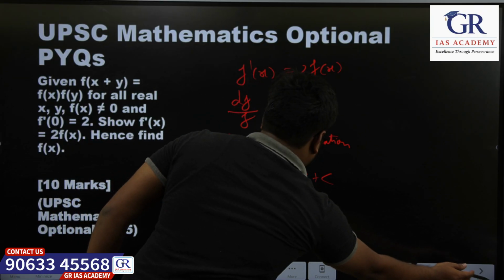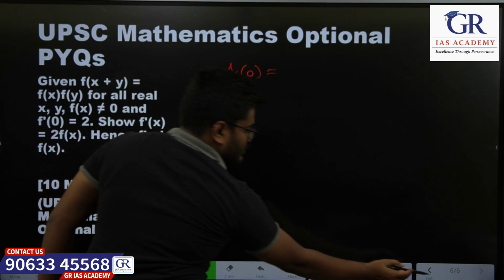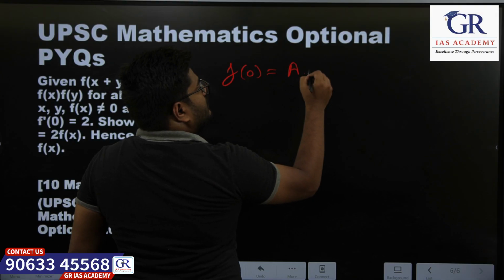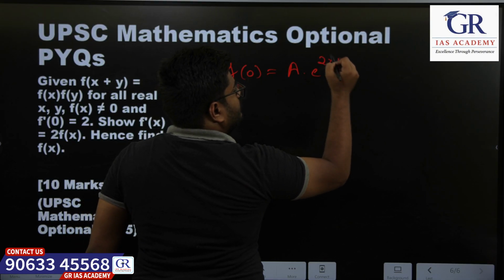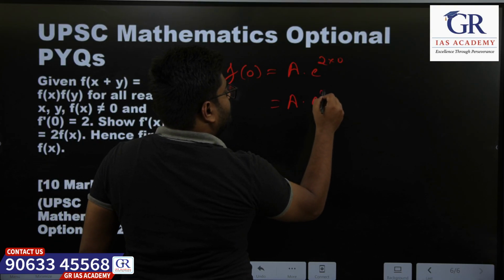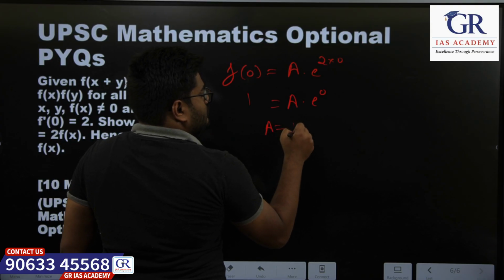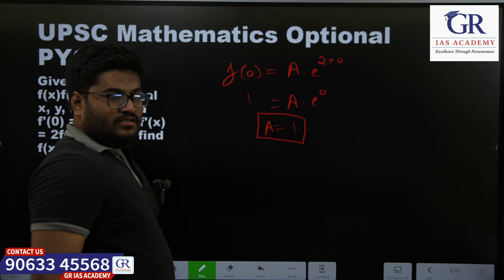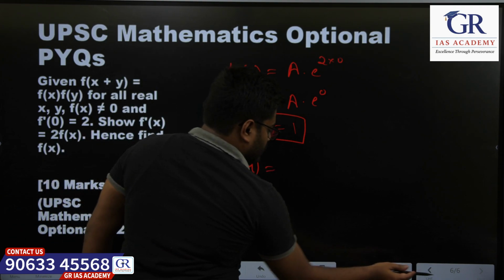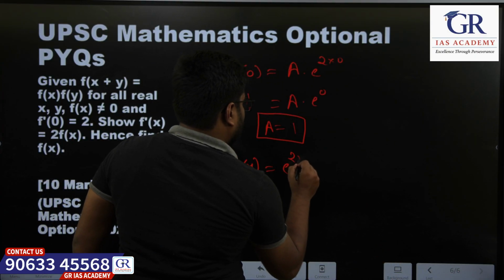So f of 0, we have substituted 0 for x, is a into e to the power of 2 into 0. x becomes 0, so it is a into e to the power of 0. f of 0 is 1, e power 0 is also 1. So a equals 1. So what can we write the function f as? a becomes 1, so it is just e power 2x.